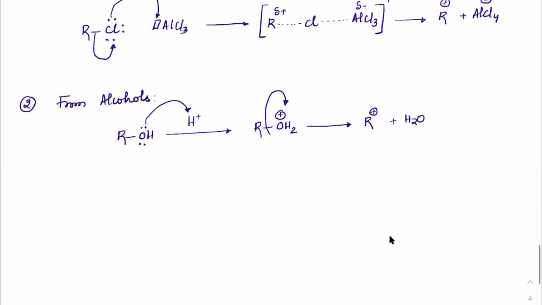Got it? The same thing can happen even with a Lewis acid also. Suppose there is a Lewis acid like BF3. BF3 is a Lewis acid which has an empty orbital.